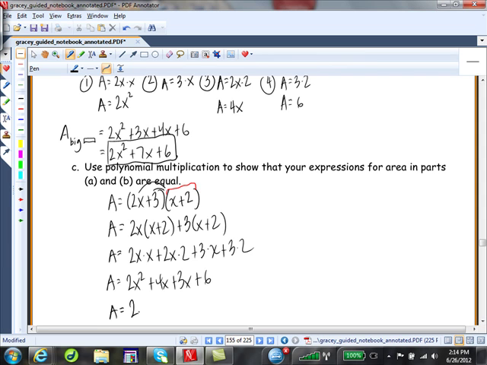And our area is 2x squared plus 7x's plus 6. And you can see that this matches the last result. They are the same.